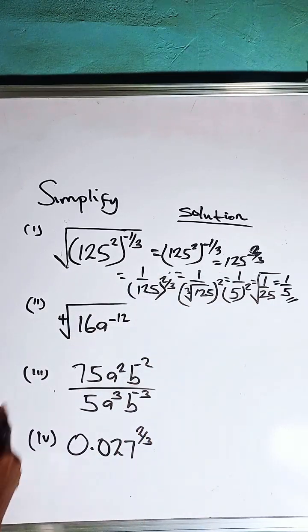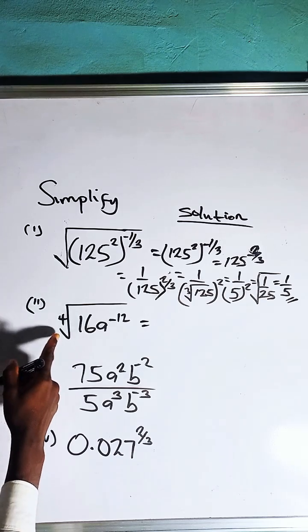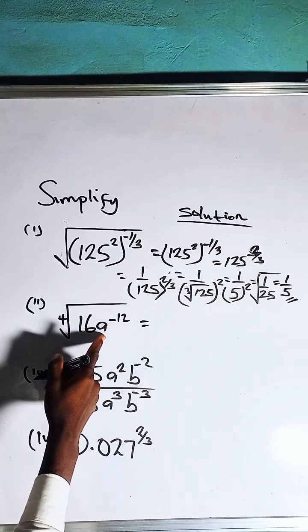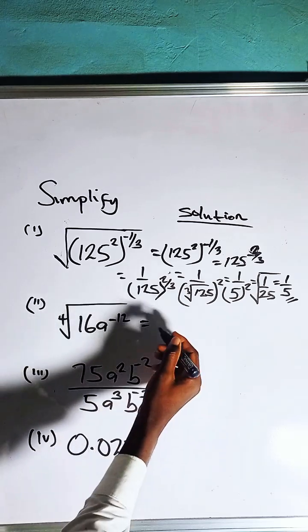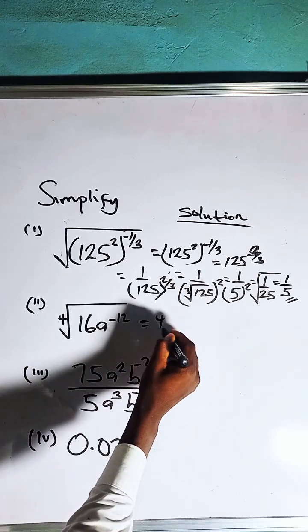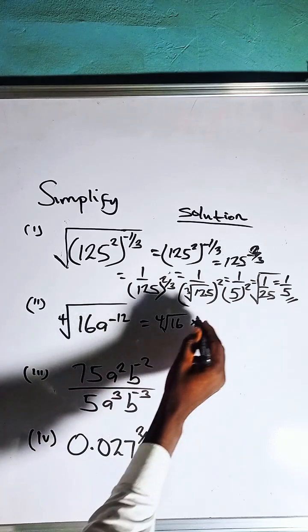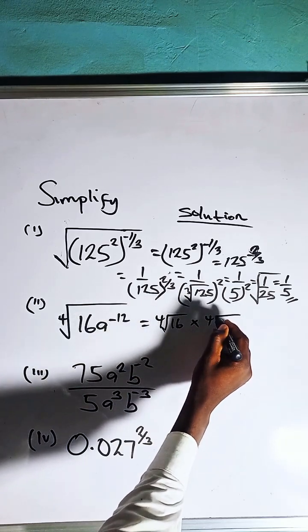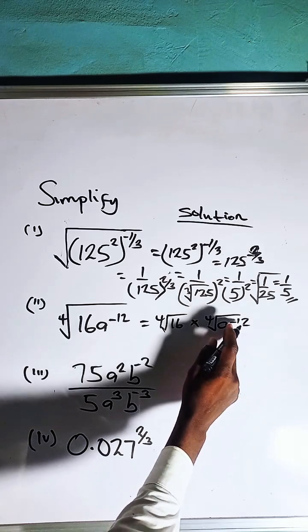For the second expression, we have the fourth root of 16a raised to the power minus 12. Let us break it down as the fourth root of 16 times the fourth root of a raised to the power minus 12.